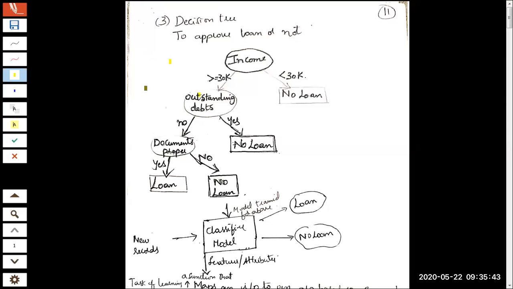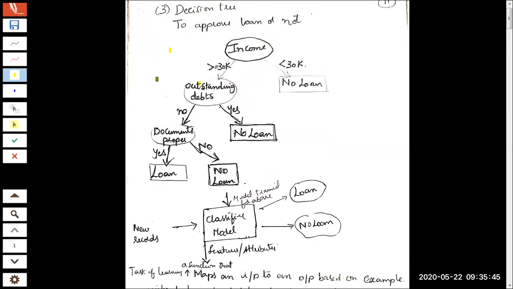Okay, so this was my third example. This third example is that of an application where an automated system is making a decision of whether a loan should be approved for the customer or not. Please note, we are taking diverse applications. Now I need to build a classifier which will help the bank manager to decide whether the customer's loan should be approved or rejected.